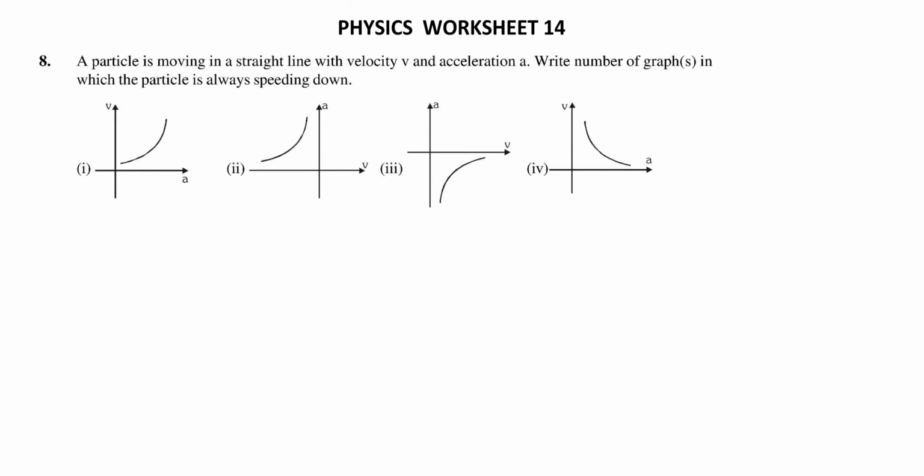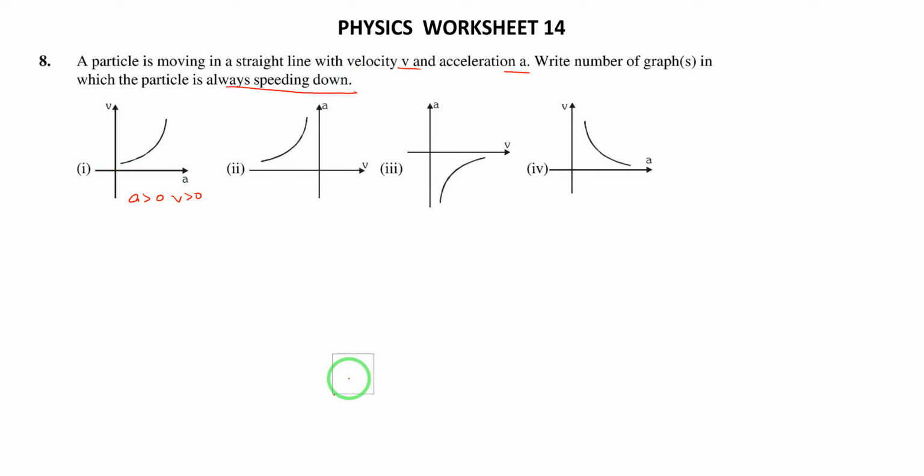In question number 8 now, a particle is moving on a straight line with velocity v and acceleration a is given, right? We have to choose the graph which represents speeding down, always speeding down. Now if we read the first graph, here a is positive, v is also positive, so this will be speeding up.